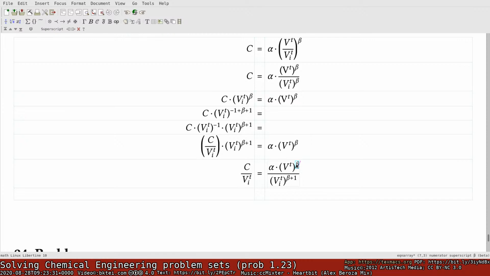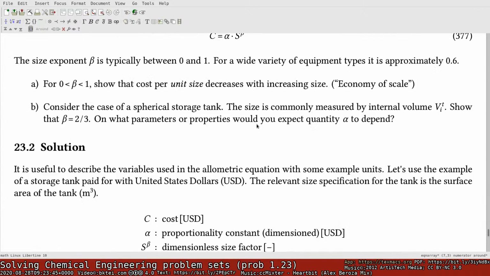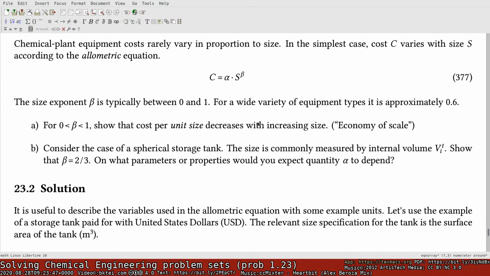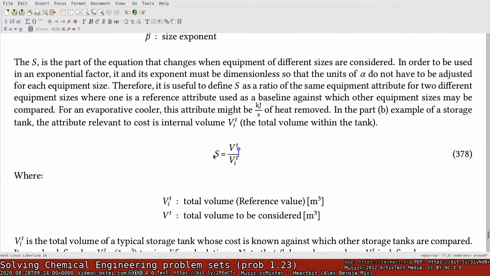Yeah, because like if beta were like 0.5, yeah, V, well, let's see. Increasing size. Decreases with increasing size. So size, they're talking about this.